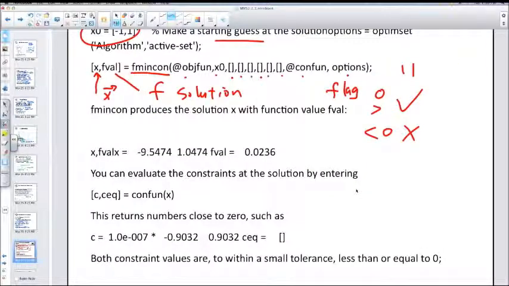So the return is x equal this and this. And the solution is 0.0236. Now it's complicated. Once you get the solution, you still maybe say, hey, let me check. I'm going to explain all those in a minute later.